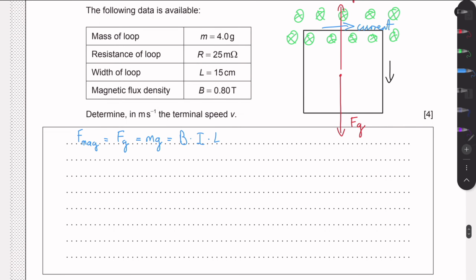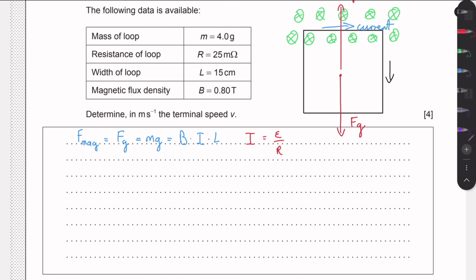So we somehow need to calculate the current flowing in the loop. Well, we know that current is voltage divided by resistance. And here the voltage can just be the EMF. It's the same thing in this case.